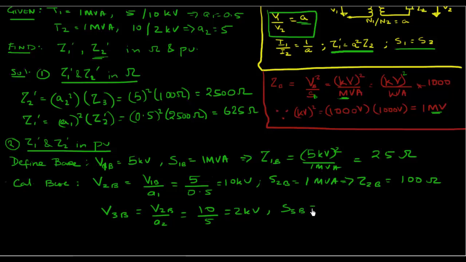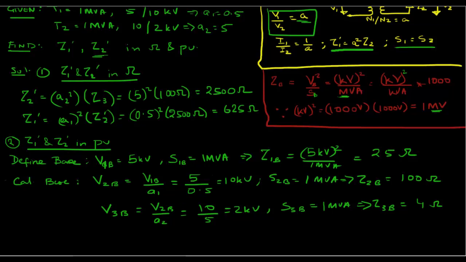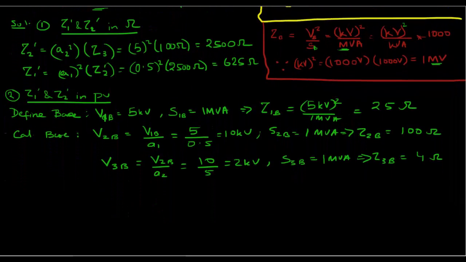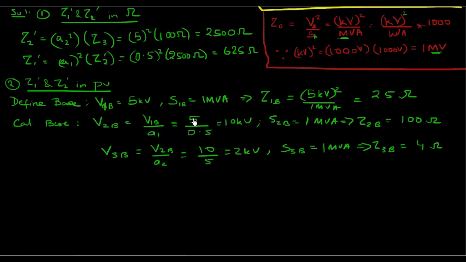S3 base is equal to 1 MVA again, which implies my Z3 base is going to be 2 square over 1, which is 4 ohms. Now that I've defined all my base values, I didn't do current here because current is something we're not really interested in in this problem. We are not using it anywhere. So let's define our per unit values.